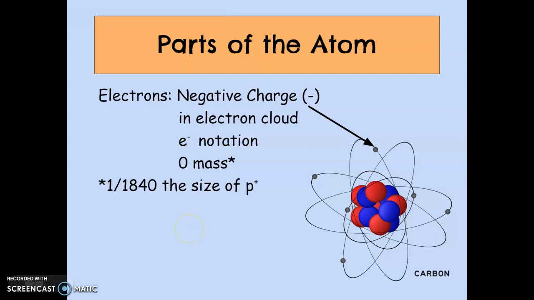They do have a little bit of mass, but it's 1 over 1,840th the size of a proton, meaning it's just a small fraction of the mass of a proton or a neutron. Because of that, when we're taking into account the entire mass of the atom, we don't count the electrons. So we just say that they have 0.